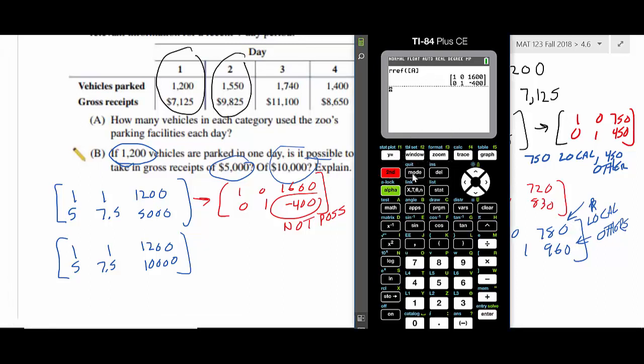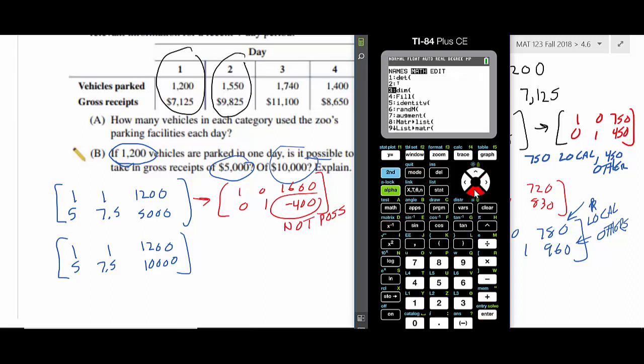So that's not a realistic possibility. We're going to do the next one the same way, and let's see kind of what happens on this next one. Okay, I'm going to edit that same matrix again. All I really need to change is the 5,000 to 10,000, then we'll see if this comes up with anything that's possible or not. Okay, and I just do this in reduced row echelon form.